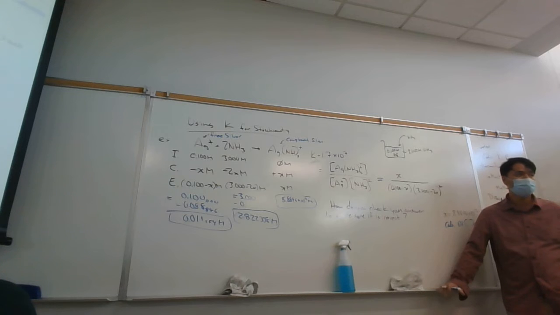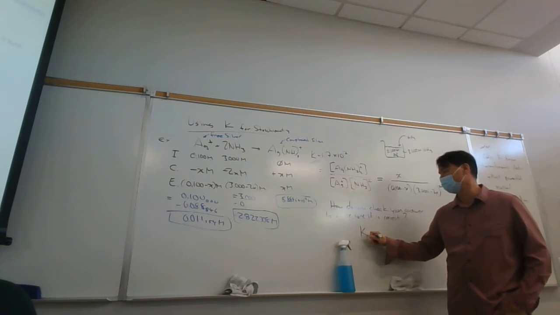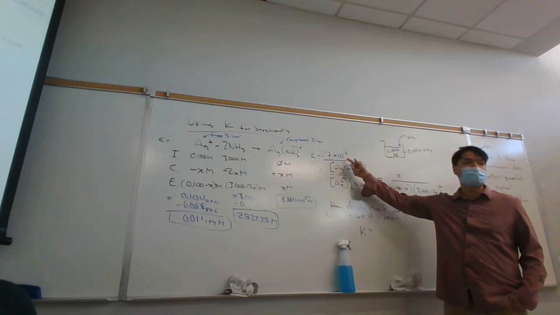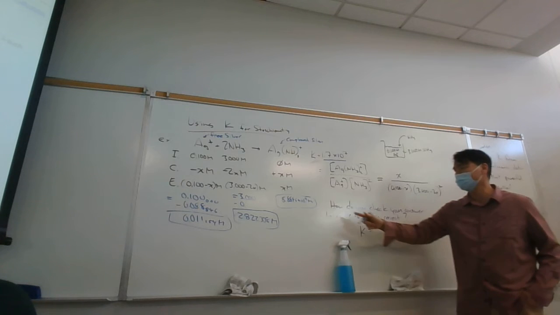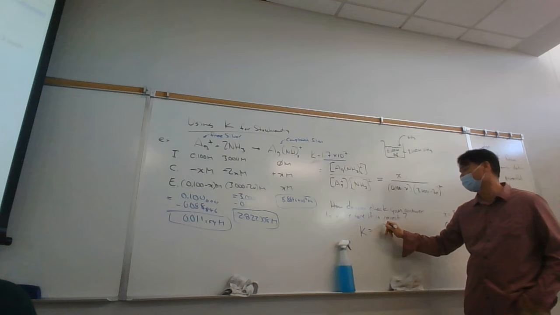And the answer is, we plug it back into the K equation and see. We know what K is supposed to be. K is supposed to be 1.7 times 10 to the 7th. Are we going to get that by using these equilibrium concentrations? And so what we're going to do is we're just going to plug it back into the equation.